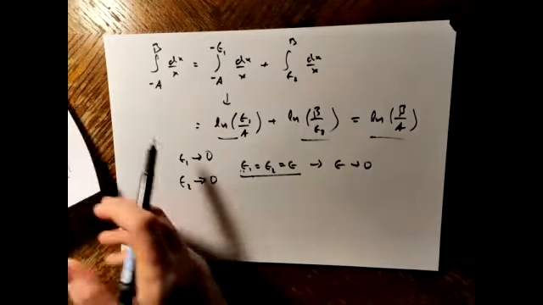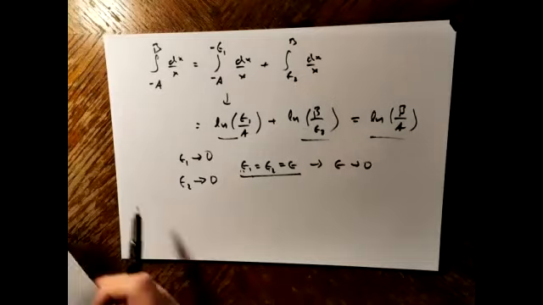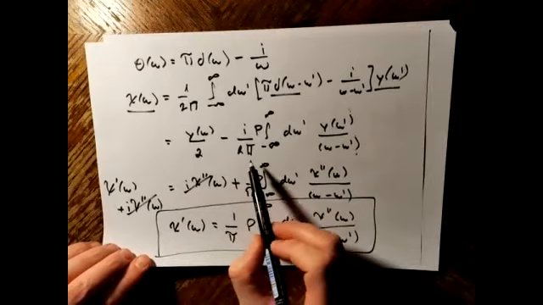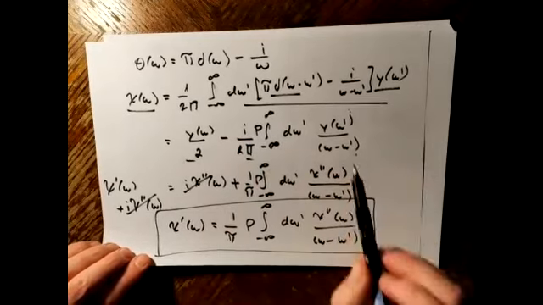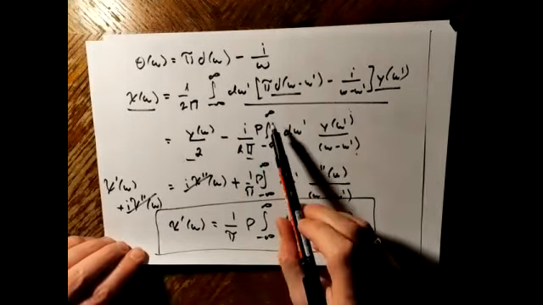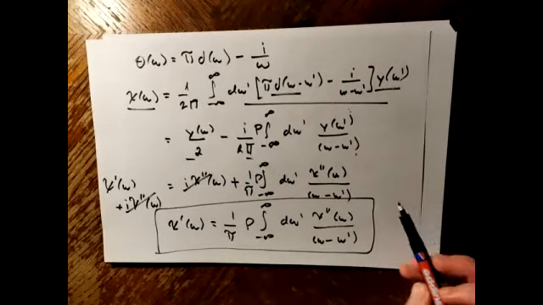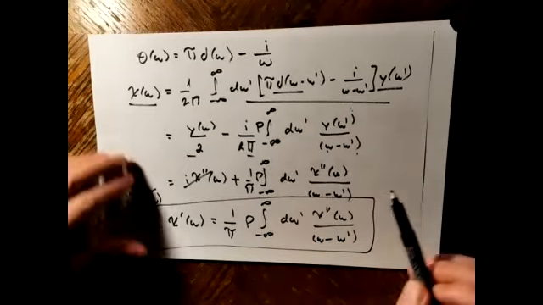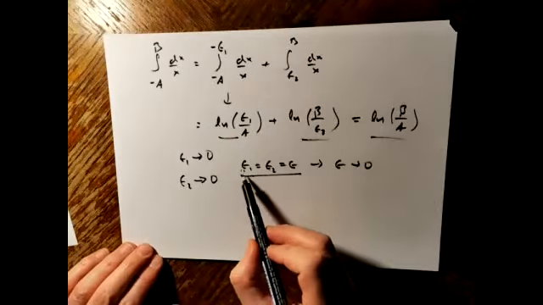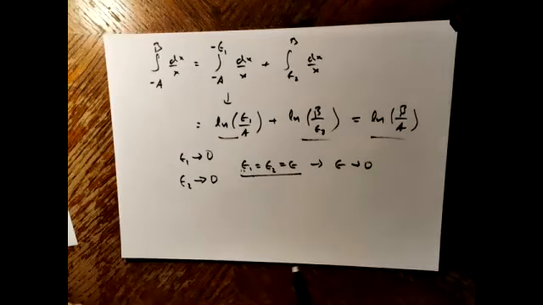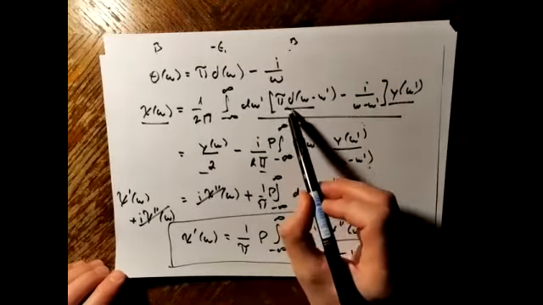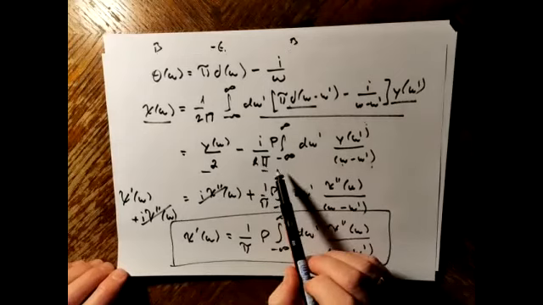This is what we mean by the principal value. This is the formula that we arrived at. When we do this integral, we have to be careful that there's a singularity, omega minus omega prime, and we have to do it so that the integral is convergent. The singularity we already took care of, because it gives us the delta function.